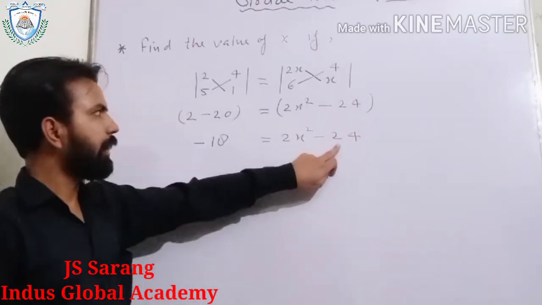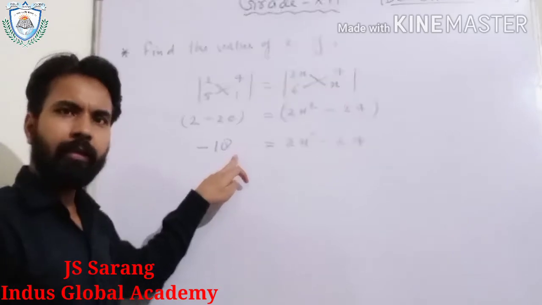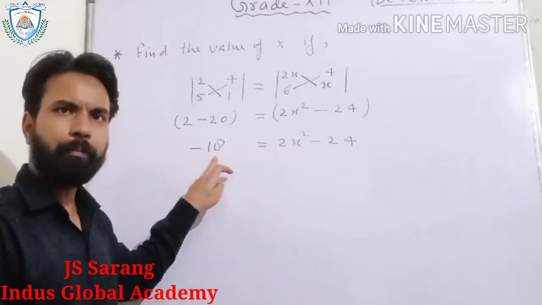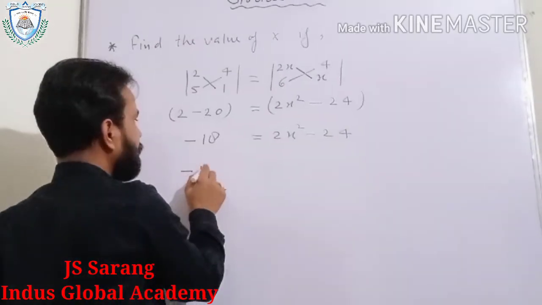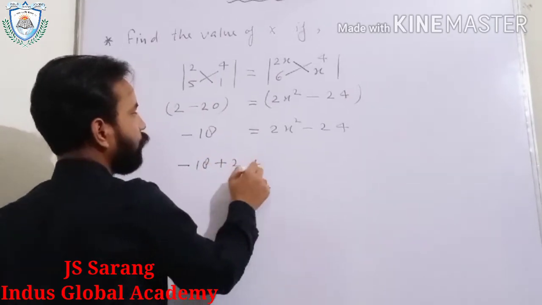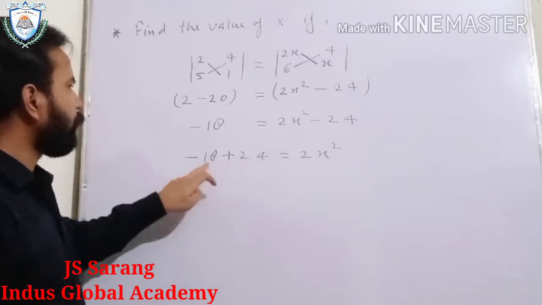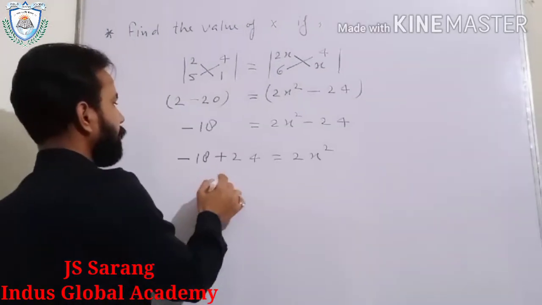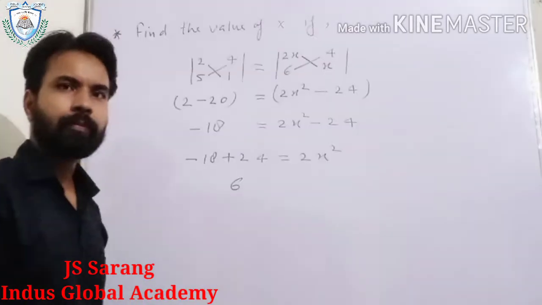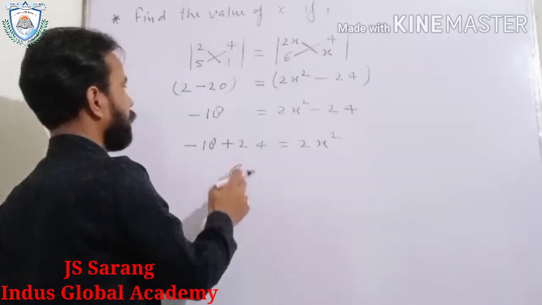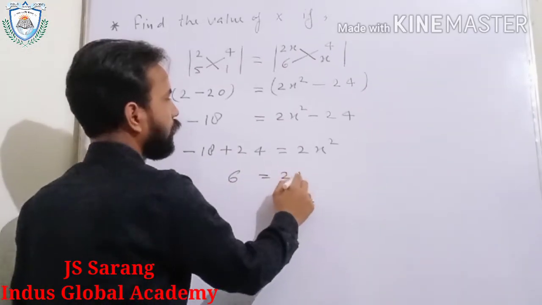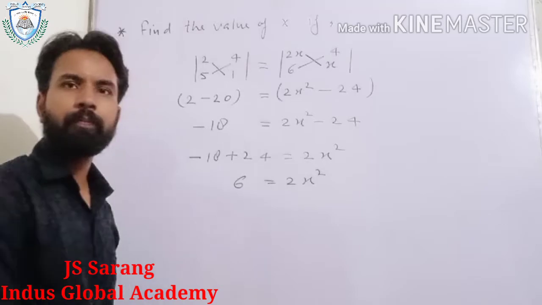Now this minus 24 we will shift to the left hand side. So this is minus, so it will be plus. So minus 18 plus 24 equal to 2x square. 24 minus 18, that is 6, equal to 2x square.